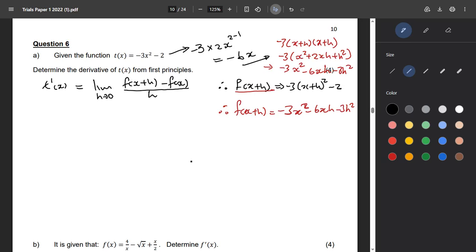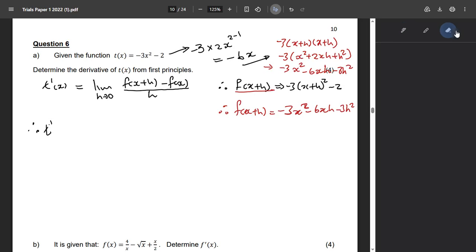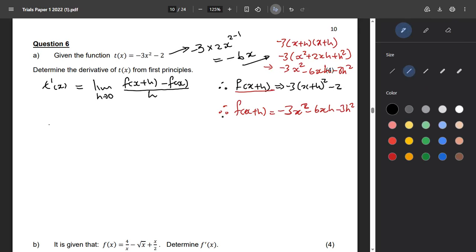So now, let's substitute into f prime. I will just go straight to the point and say the limit as h approaches 0, my f at x plus h is negative 3x squared minus 6xh minus 3h squared, minus, inside a bracket, your f at x.